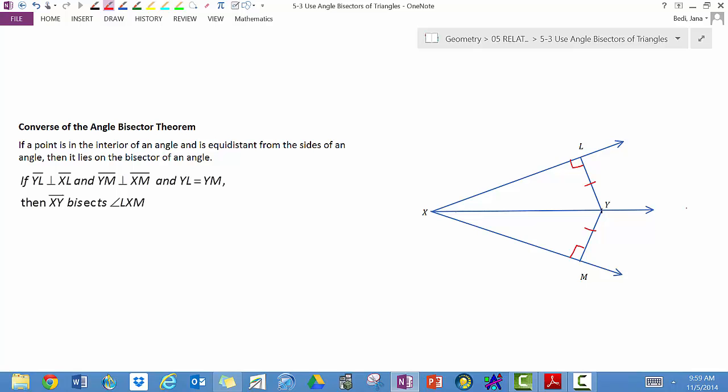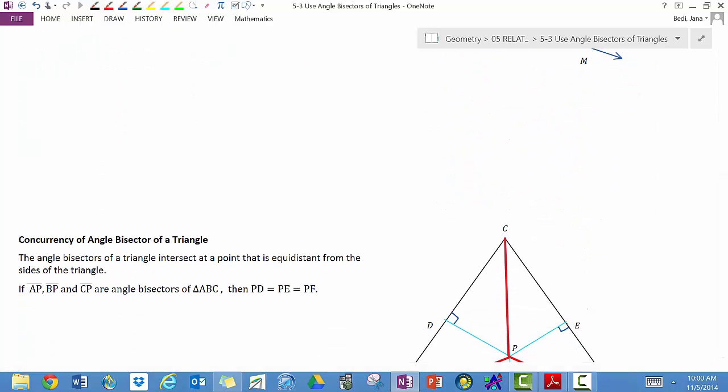So we say if segment YL is perpendicular to segment XL and segment YM is perpendicular to ray XM, and that "and" is important, YL equals YM, then ray XY bisects angle LXM. And you'll see how we'll use this in problems later on.